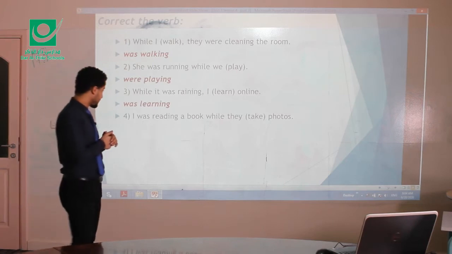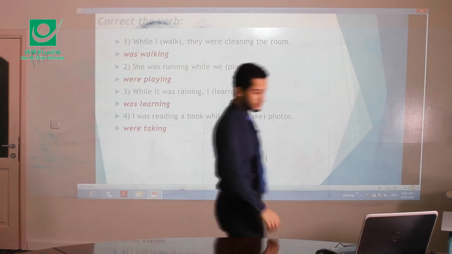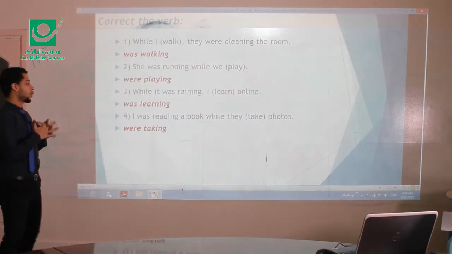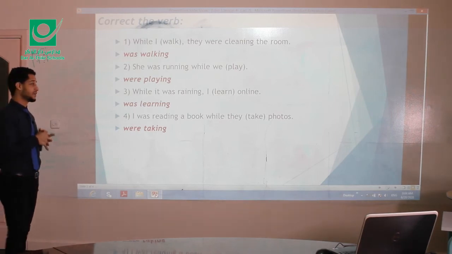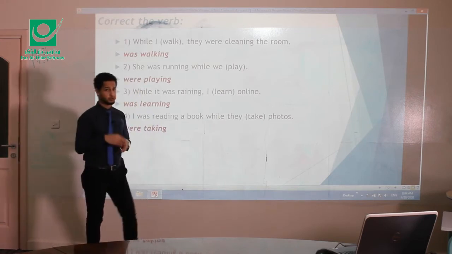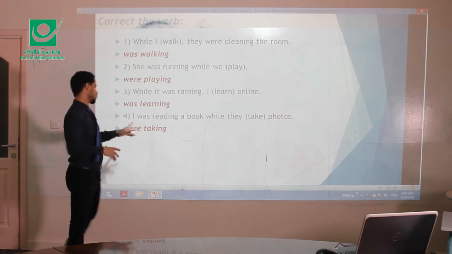Now let's check the answer of number 4 and the last question. Okay, I was reading a book while they were taking photos. While, so past continuous, so was or were, and then ing. They, of course, they were.